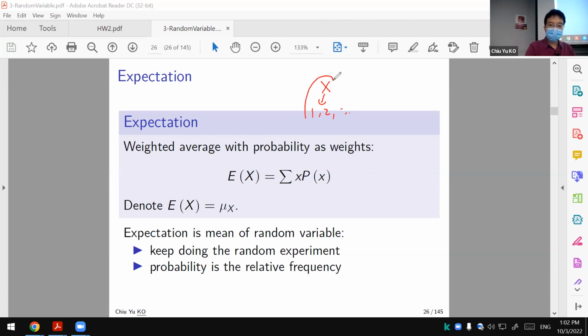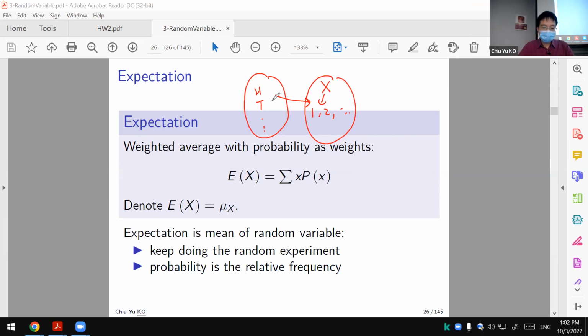And this value comes from a sample space, maybe head or tail or some other outcome. So if I assign a number to this outcome, the question is, can we do something with the numbers? In particular, would the mean or variance of this random variable have meaning?